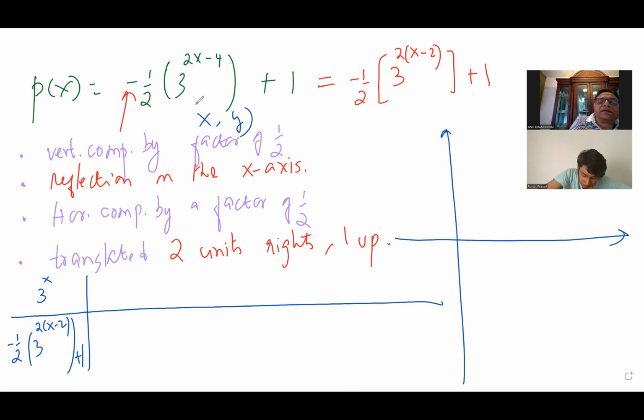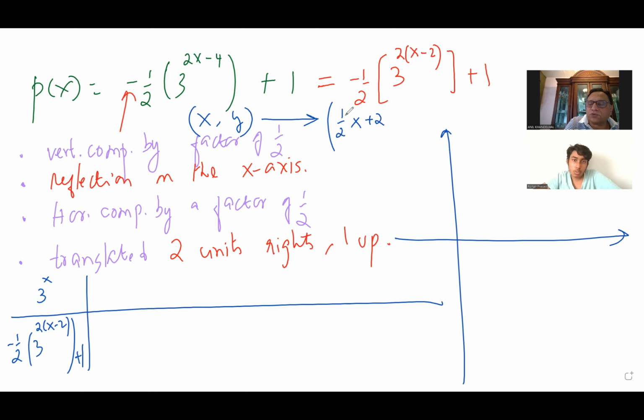If (x, y) is on the parent function 3 to the power of x, what will happen to the x points? It would be half x plus 2. And the y points will be minus half y plus 1.